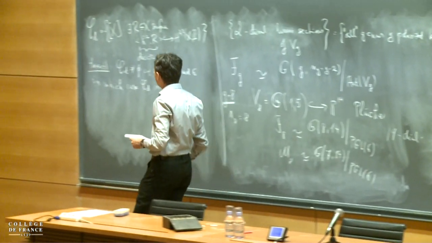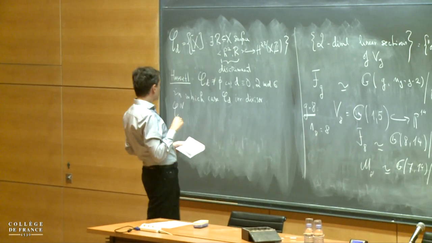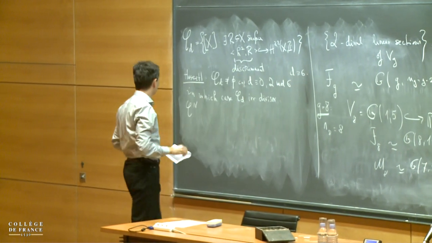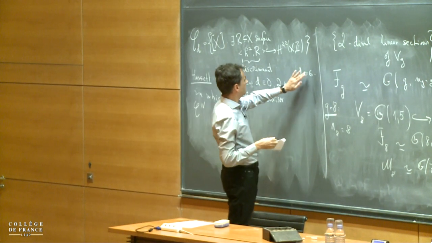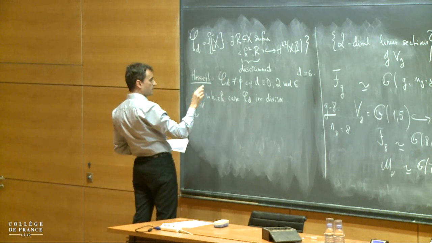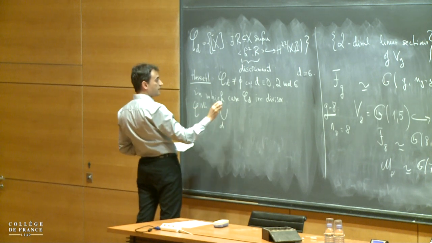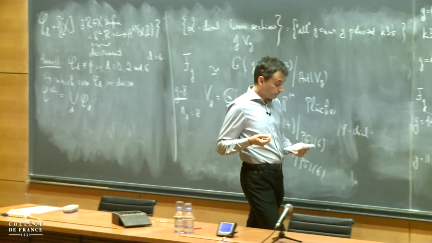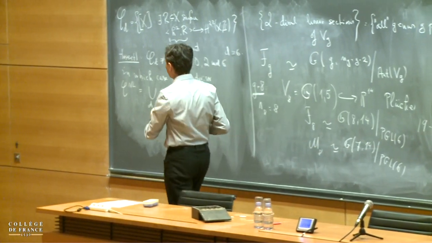So C_NL is the union of these C_d, with d bigger than 6. These are the Noether-Lefschetz special cubic fourfolds.